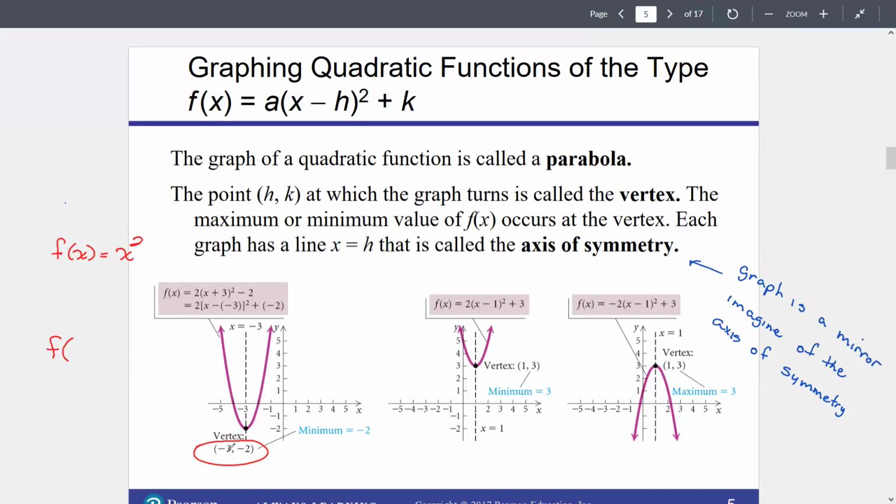If I was to rewrite it, what happened here is that I had to go backwards 3 units, so I had to add 3. And then I had to go down 2 units, so I had to subtract 2. So the equation is going to be, there's some sort of a here that we're not sure about, but what's important is that the vertex is going to be at (x plus 3) squared minus 2. So that gets that vertex at (-3, -2).